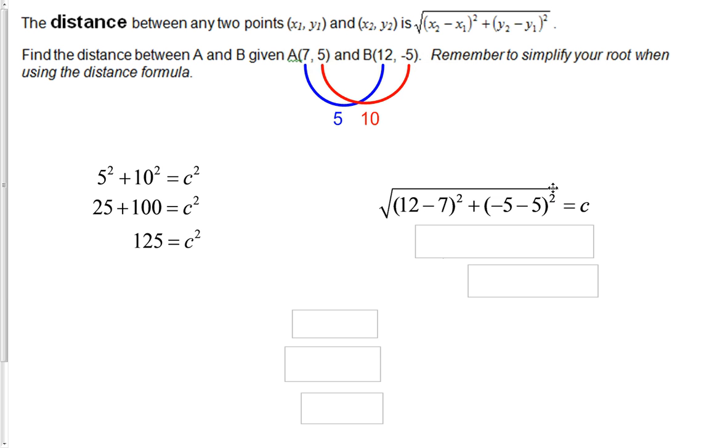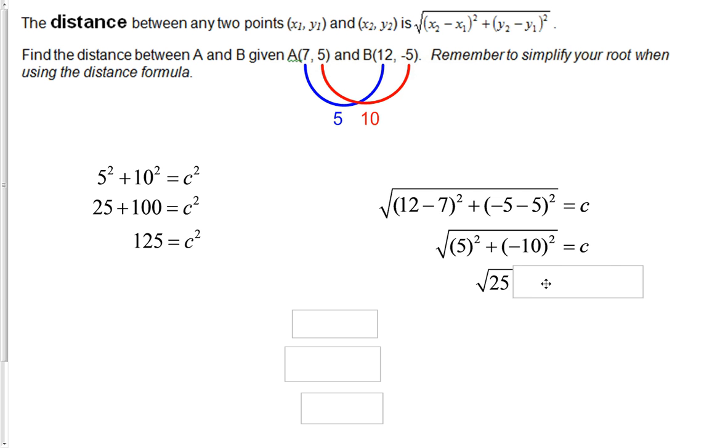Negative 5 minus 5, all of that squared. So this is going to be 5 squared over here, and this is going to be negative 10 squared over here. If we square each of those, 5 squared is 25, and negative 10 squared is 100. So we're going to end up with c equals the square root of 25 plus 100.